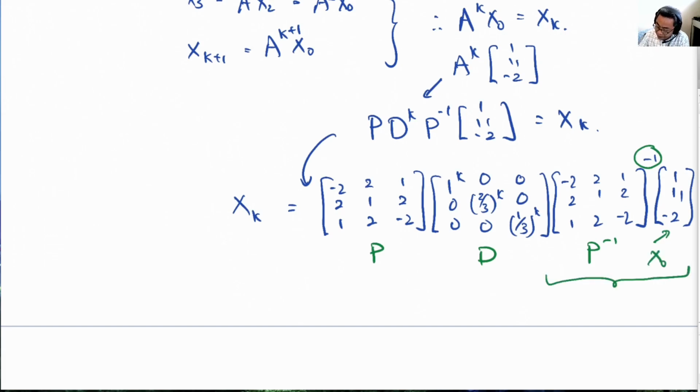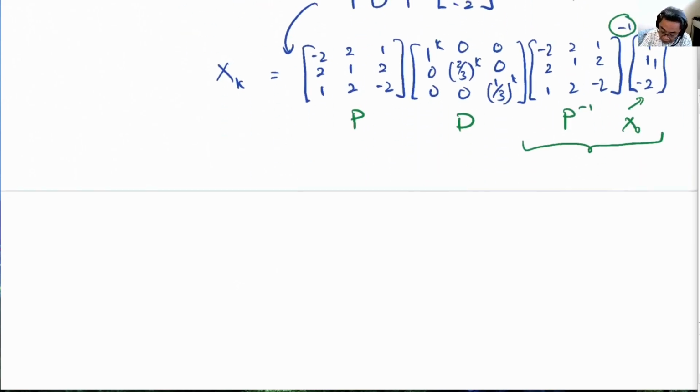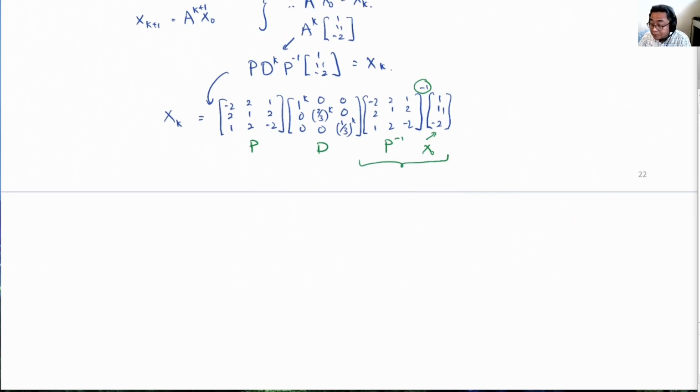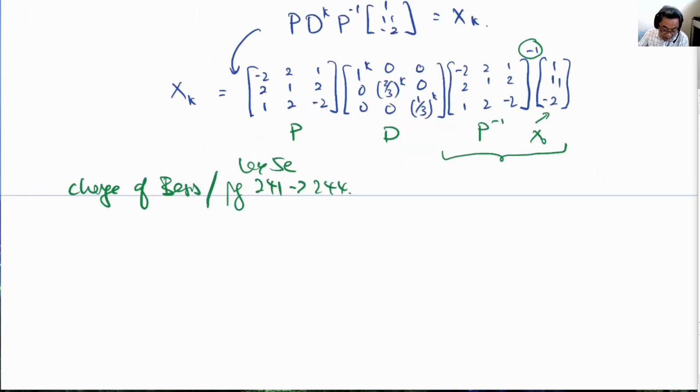Now this is a very interesting operation, P minus 1 times x 0. Please refer to the change of basis in Lay's 5th edition, chapter 4.7, page 241 to 244. The change of basis is this.